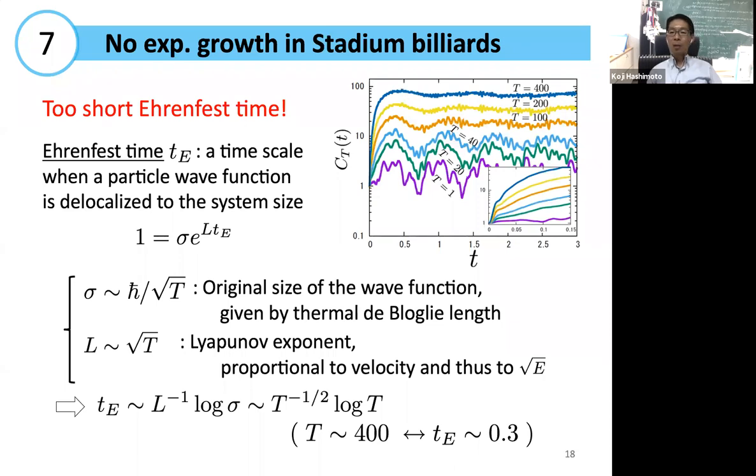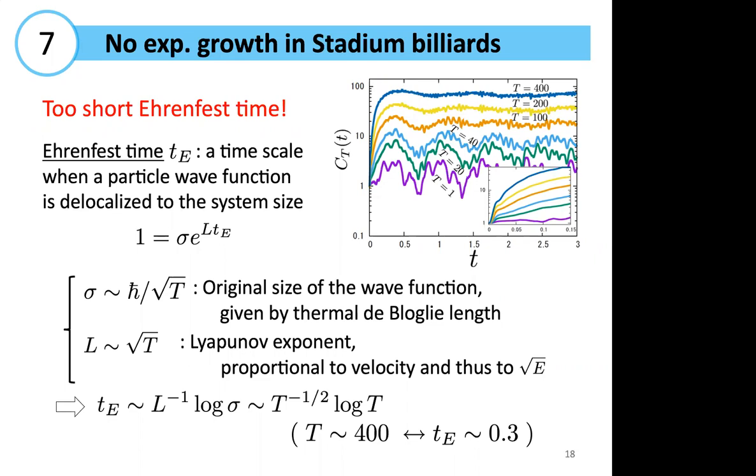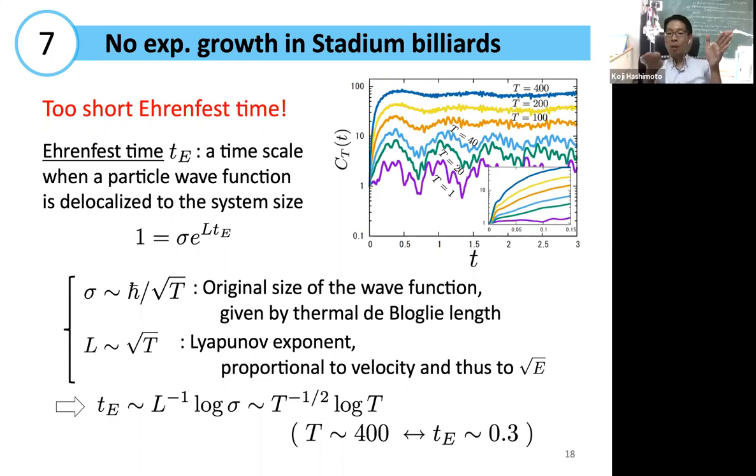And the other one is a generic argument about the wave packet hitting the hard wall. Suppose you have a hard wall like a billiard, and then consider a Gaussian wave packet, and smash it onto this wall.